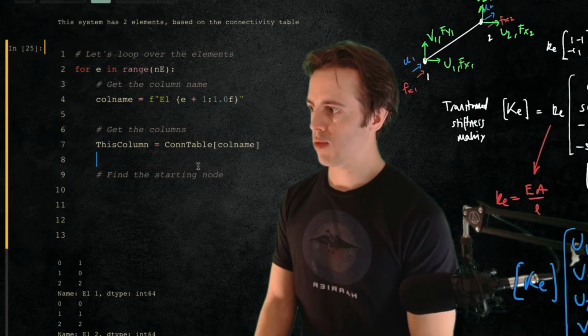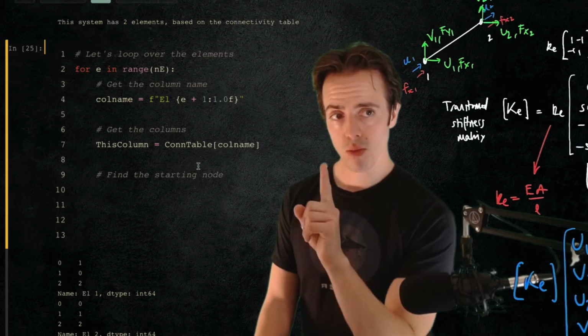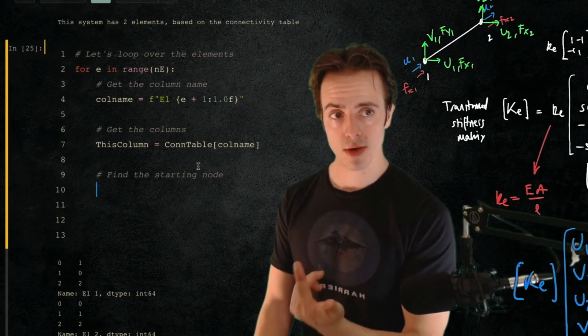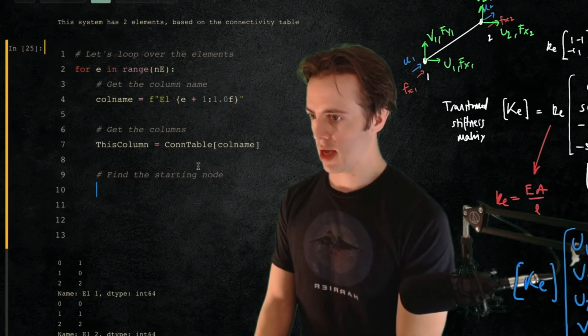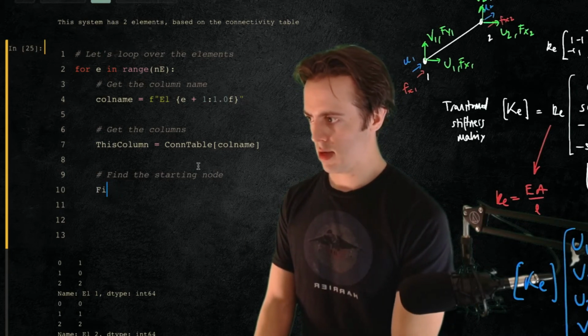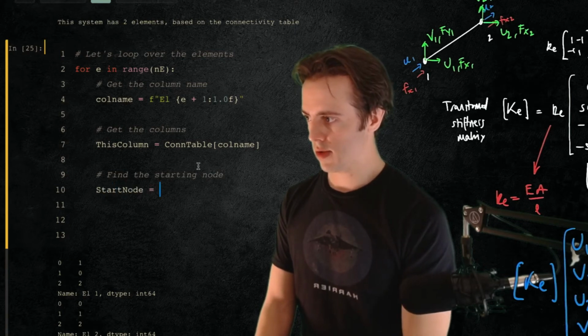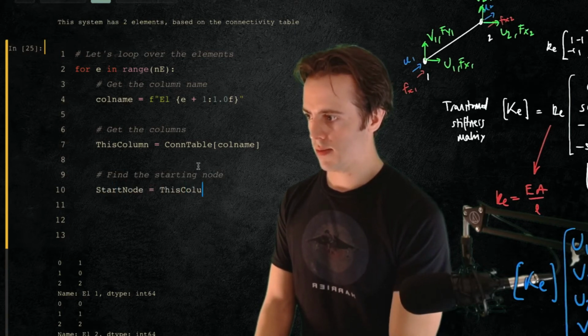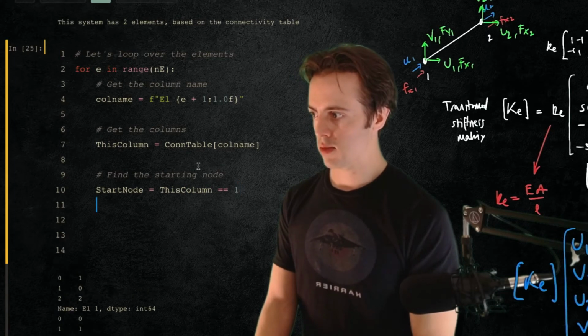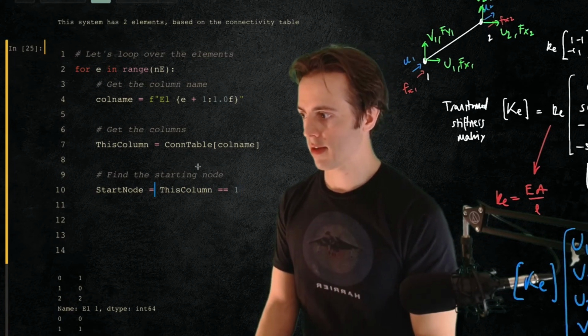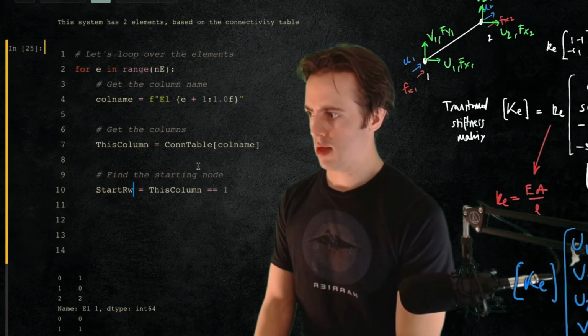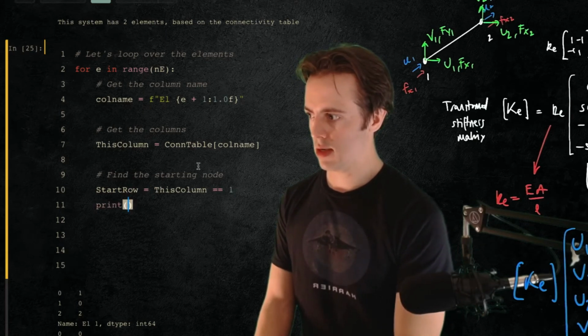I now want to find where that equals 1, and that's going to be the row corresponding to my first node. So we'll say the start row is equal to this column is equal to 1. Sorry, that's not the starting node, that's the starting row. So let's do a print.